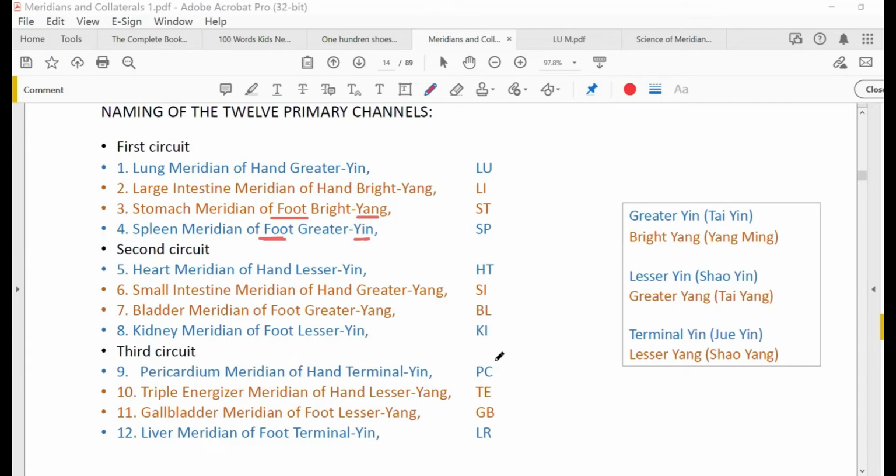Okay, the next one we need to talk about: greater yin, bright yang. In the first circuit, see the name: this one is greater yin, and the 2 in the middle are bright yang.